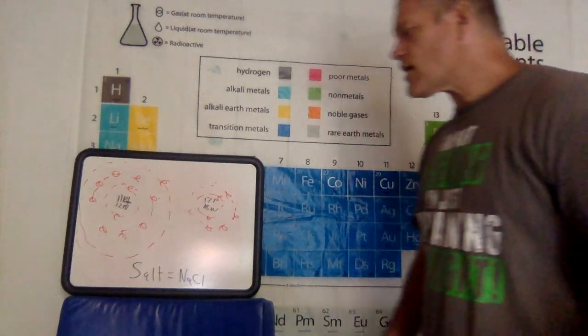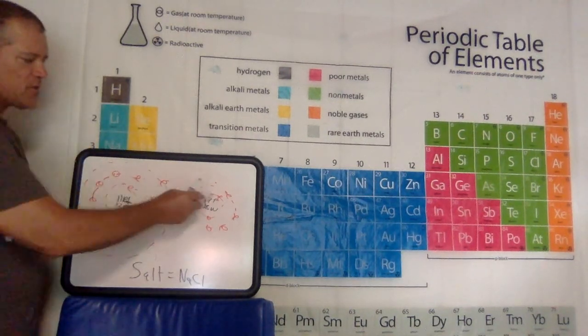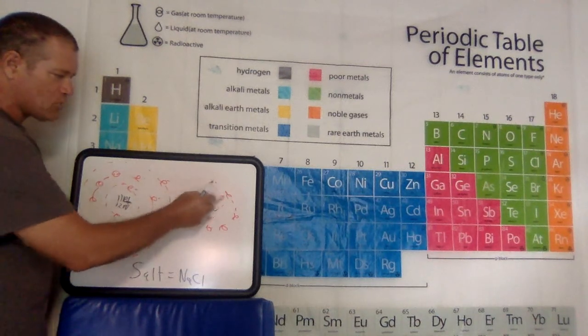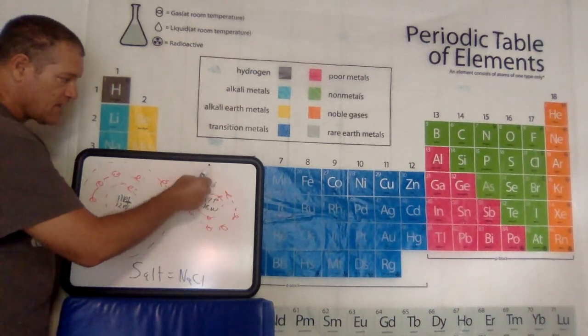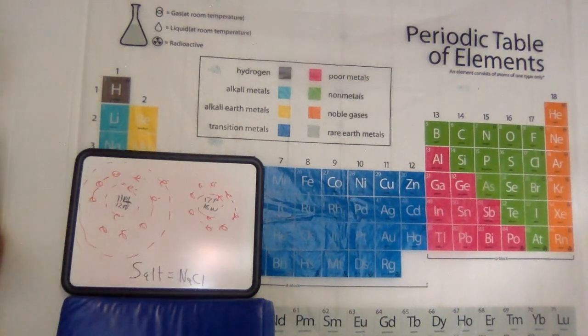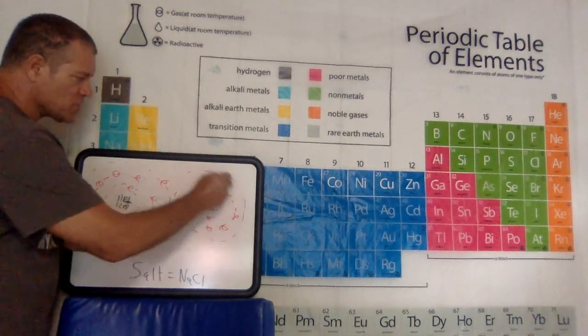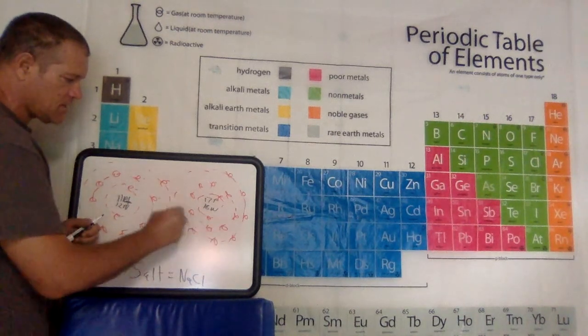So 2 in the first shell, I've got 15 more. 1, 2, 3, 4, 5, 6, 7, 8. 8 and 2 are 10. How many more to make 17? 7. Right. So watch this. 1, 2, 3, 4, 5, 6, 7.